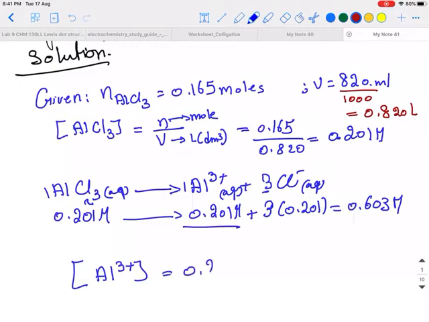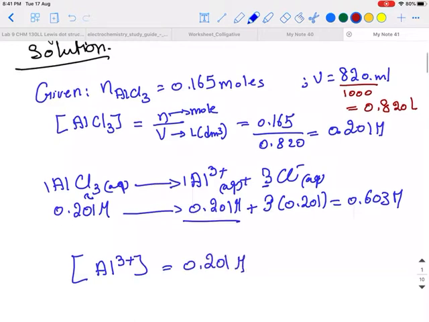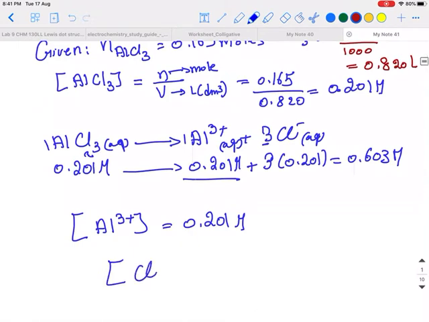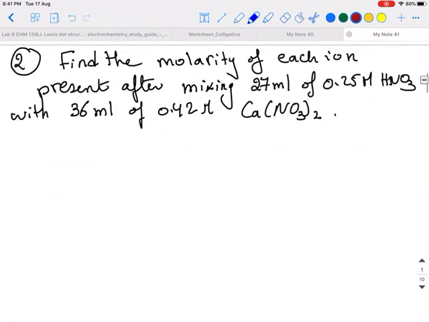So the concentration of aluminium is 0.201 molar, and the concentration of chloride is 0.603 molar.